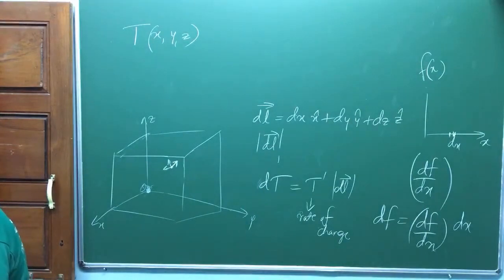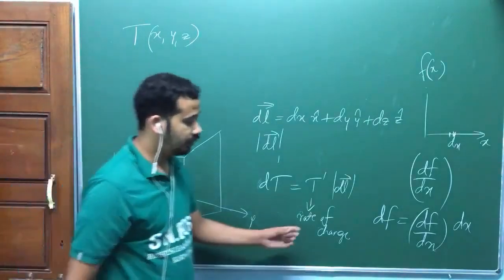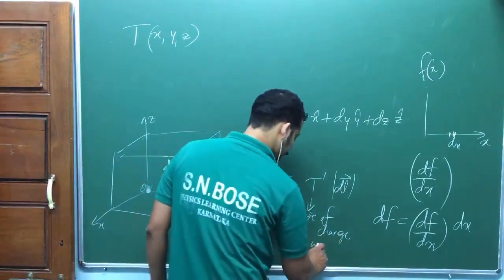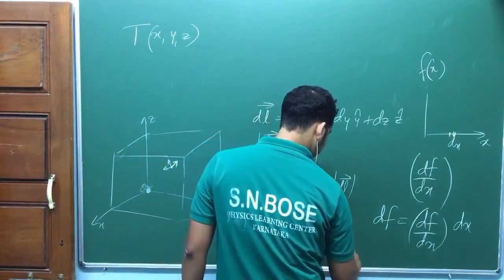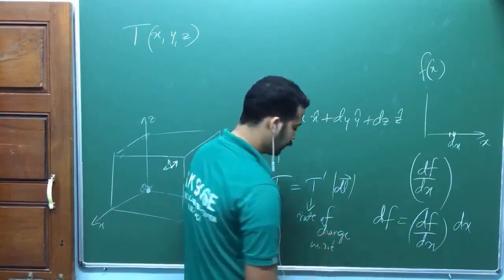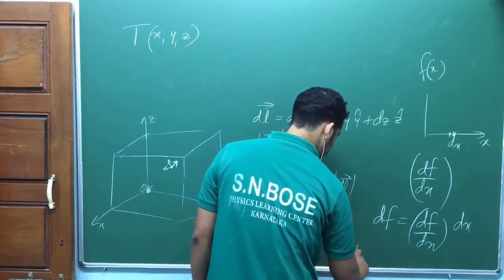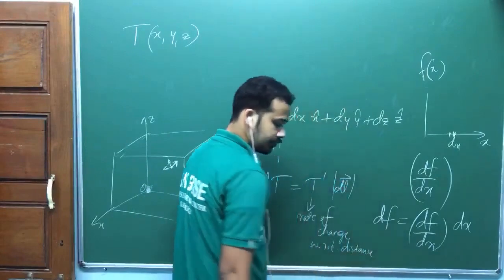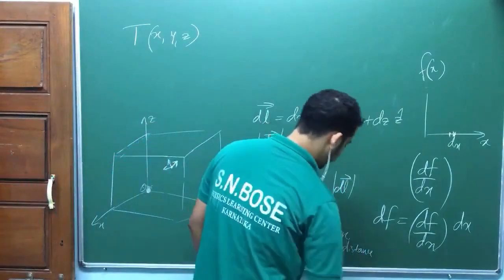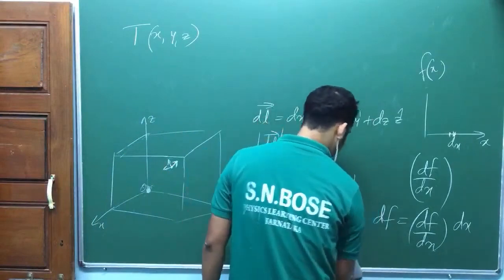Whenever you say rate, that's with respect to time, isn't it? That's a very good question. It's not rate of change with respect to time, okay? Rate of change with respect to displacement only, with respect to distance only, space. Or you better write rate of change with respect to displacement, okay?